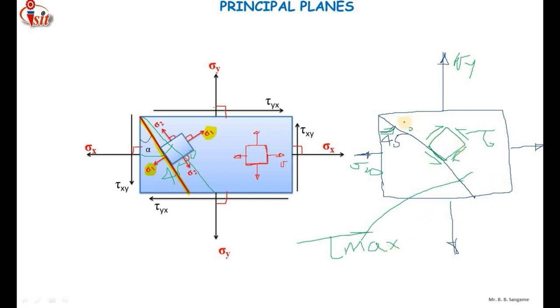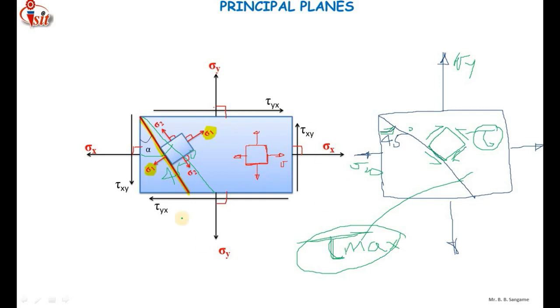As we know, ductile materials, the materials which have the yield point and maximum yielding, are weak in shear. So in case of ductile material, we have to design the components according to the maximum shear stress theory, that is tau max. We need to calculate the value of tau max at an angle of 45 degrees, because at 45 degrees the shear stress will be maximum.